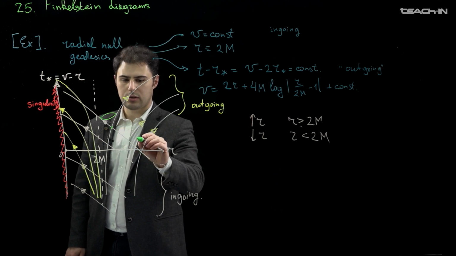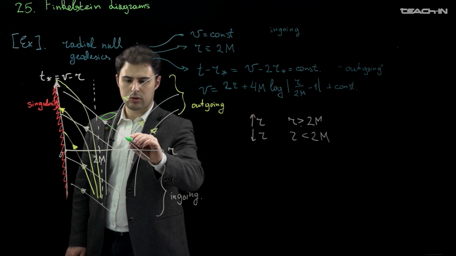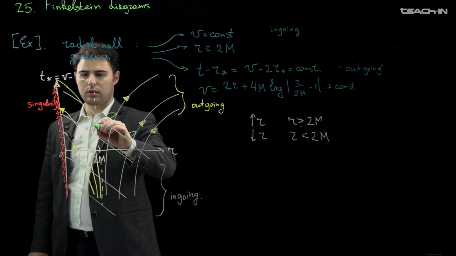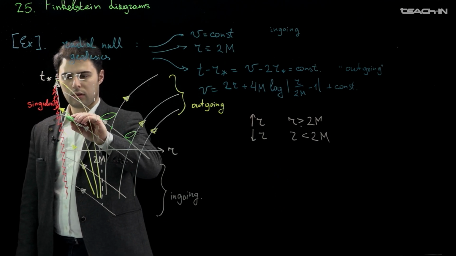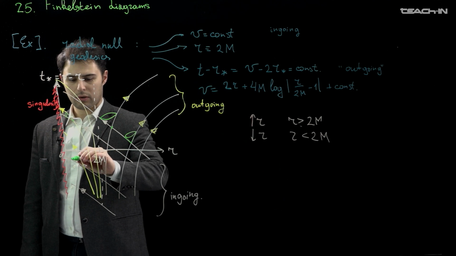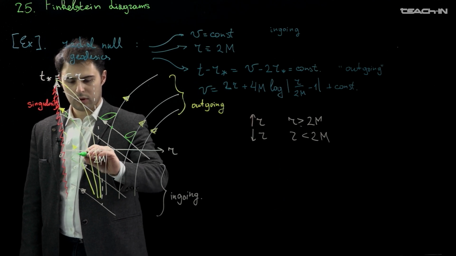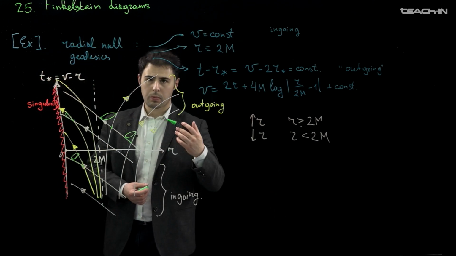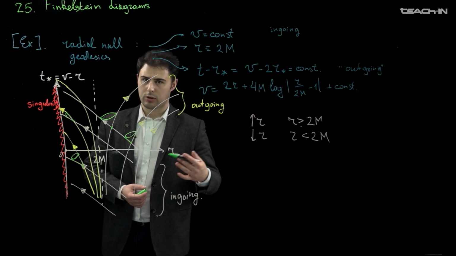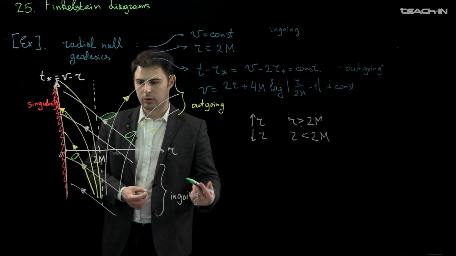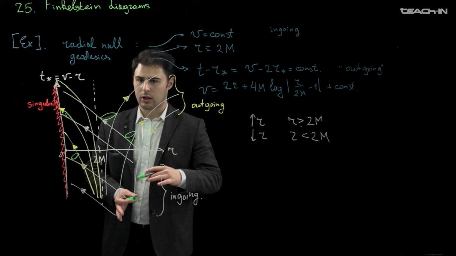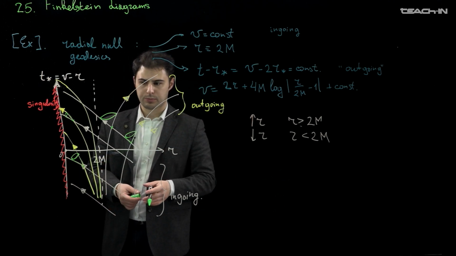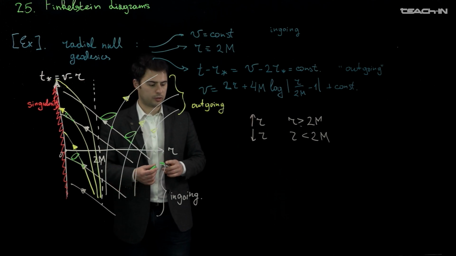So in the exterior, we have light cones directed like this, and here we have light cones like this. Any possible time-like curve, being geodesic or not, would lie within the light cone, and therefore also falls onto the singularity.